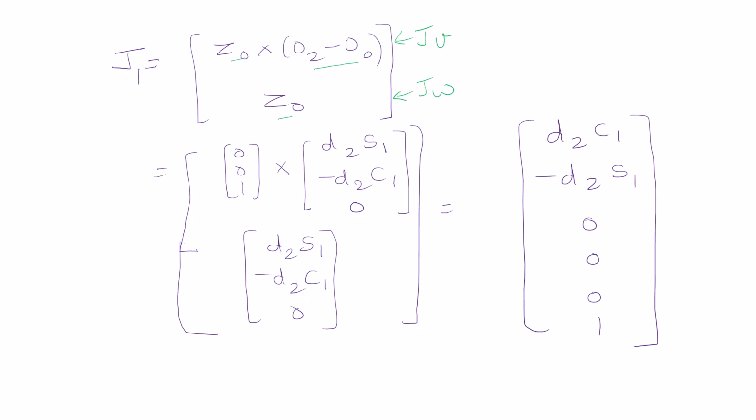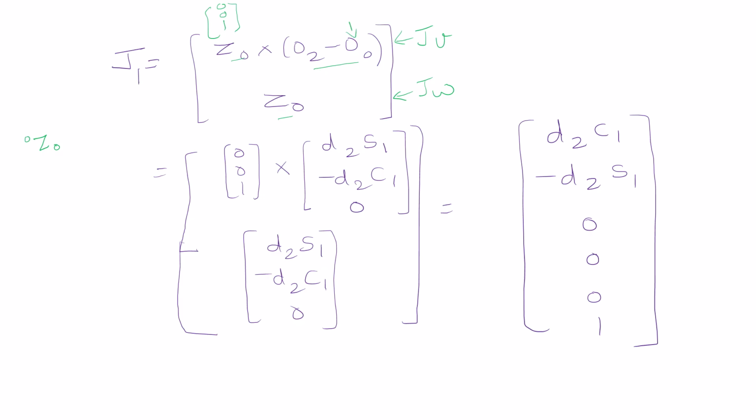Here Z0, as I told you earlier while deriving the RR manipulator Jacobian, is always 0, 0, 1. Why is it 0, 0, 1? It means the rotation of the zeroth frame relative to itself, right? So it is 0, 0, 1.